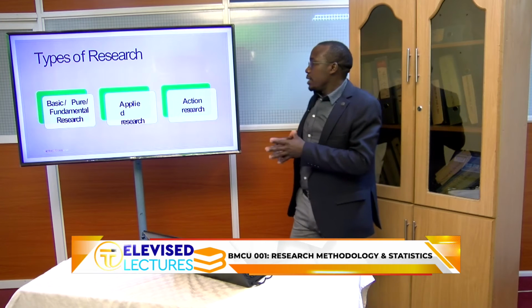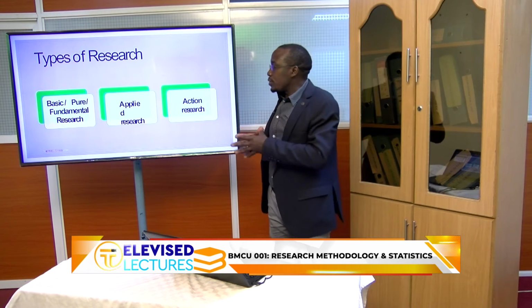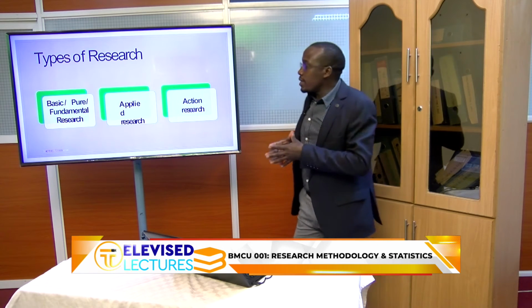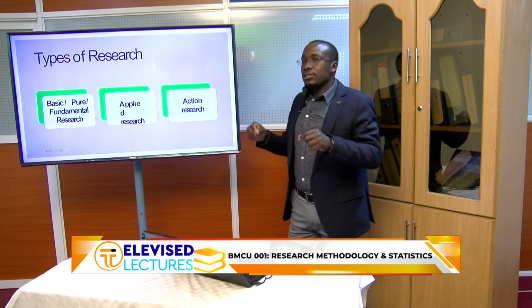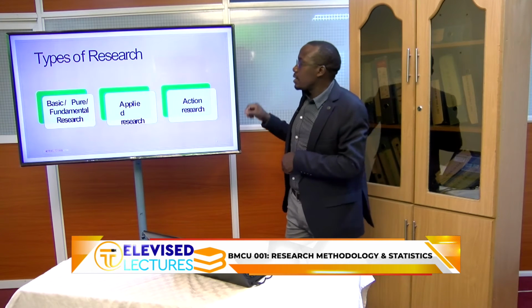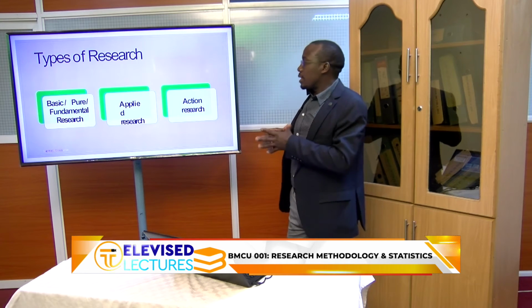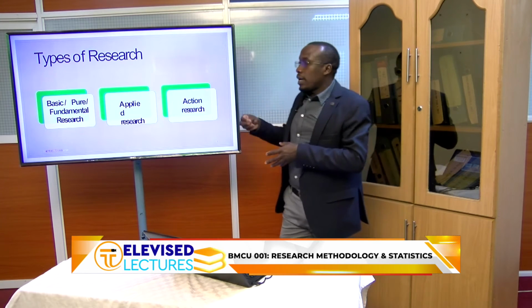Then what about applied research? Most often, I invite you to look at some or most of the publications available online. You will find that most of the research conducted today falls under the second category of applied research. Applied research simply means that you are trying to apply what is available.